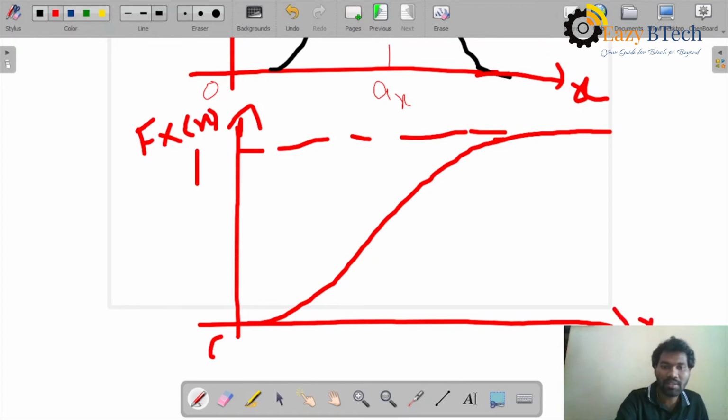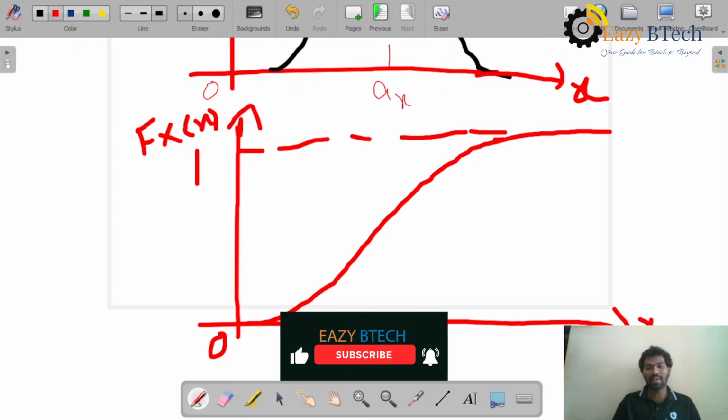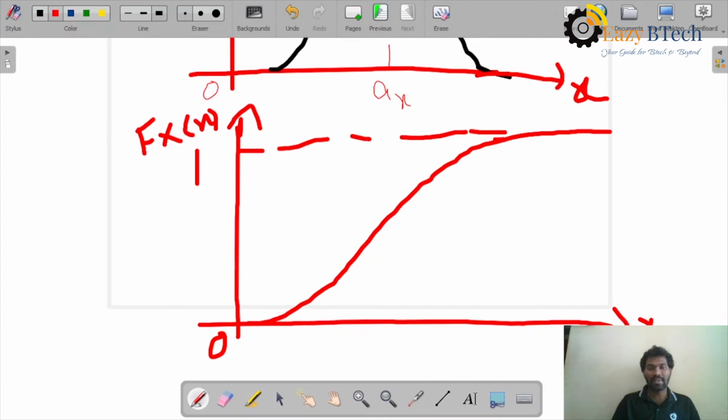This is x, this is 0. This is the figure of the Gaussian distribution function.